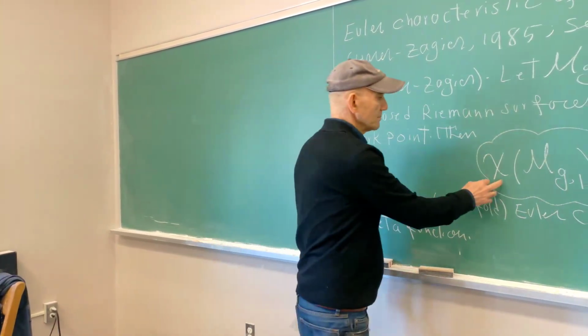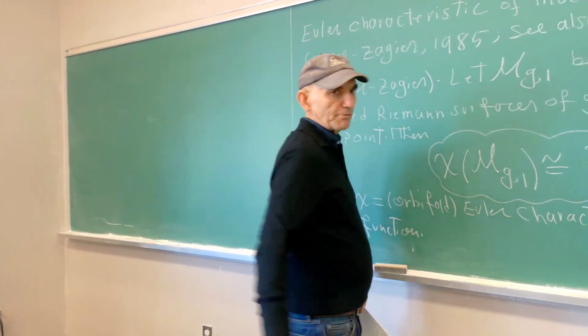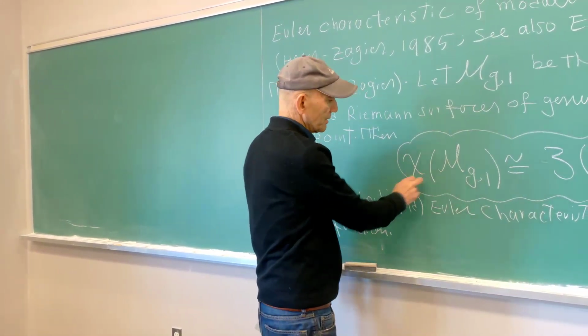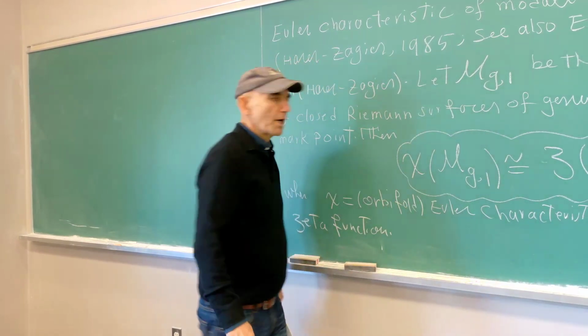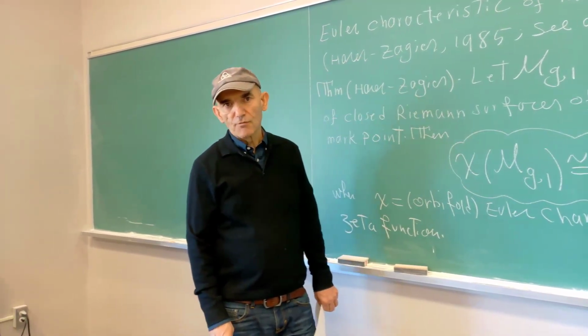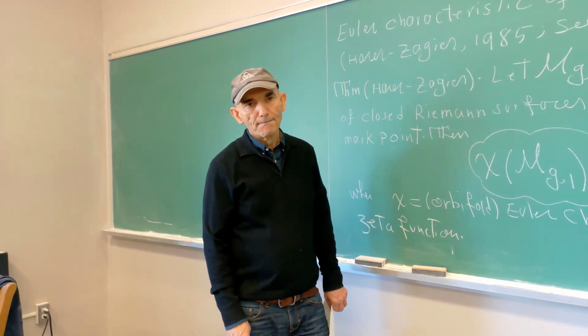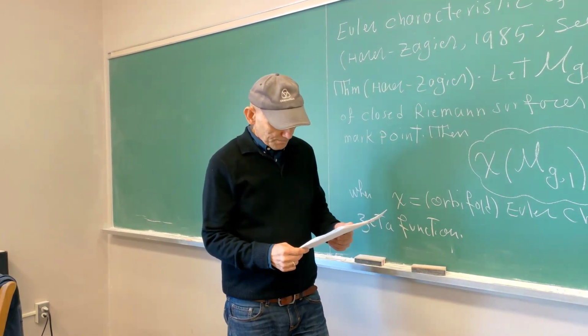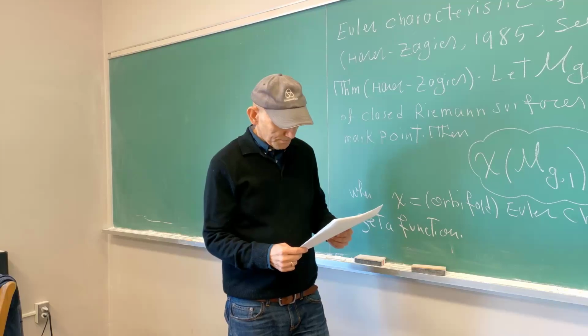But that's because this is not quite a manifold. There are some singularities here, and these singularities are reflected in the fact that the characteristic will take rational values as well. Right.